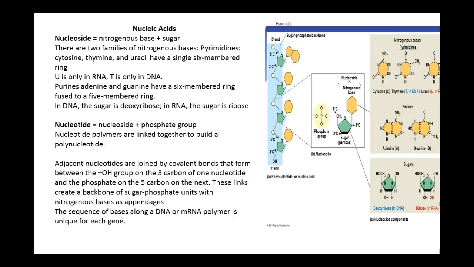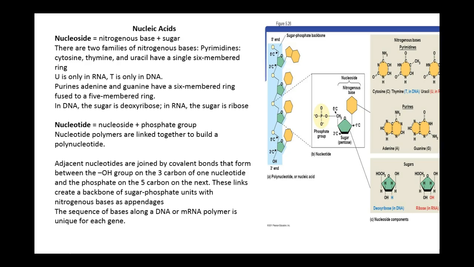Now remember, the nucleotide is where you're adding that phosphate group on, and nucleotides are what are linked together to form a polynucleotide. Nucleotides are joined by covalent bonds that form between the hydroxyl group on the 3-carbon of one nucleotide.